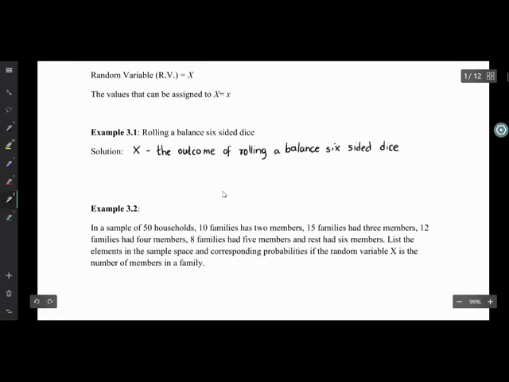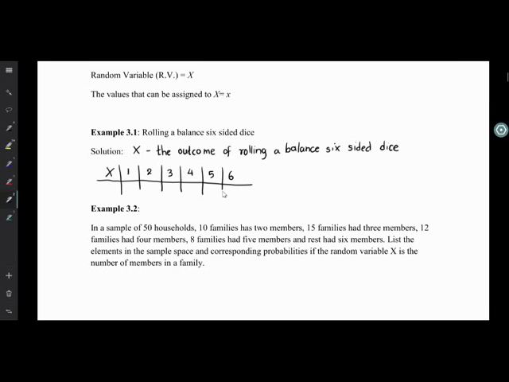So the outcome of this dice, the X, can contain 6 possible values, either 1, 2, 3, 4, 5 or 6. So these are the values that X can contain.